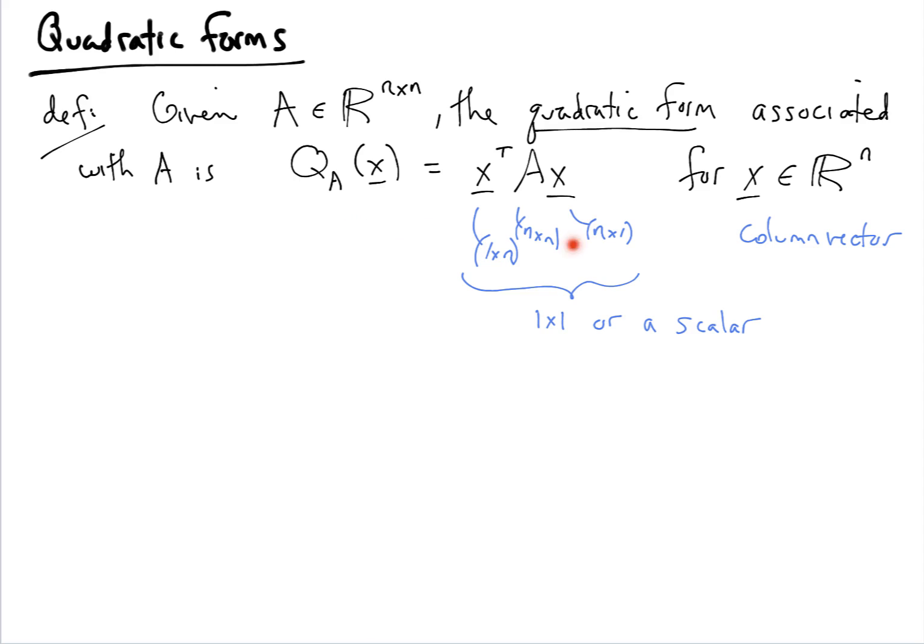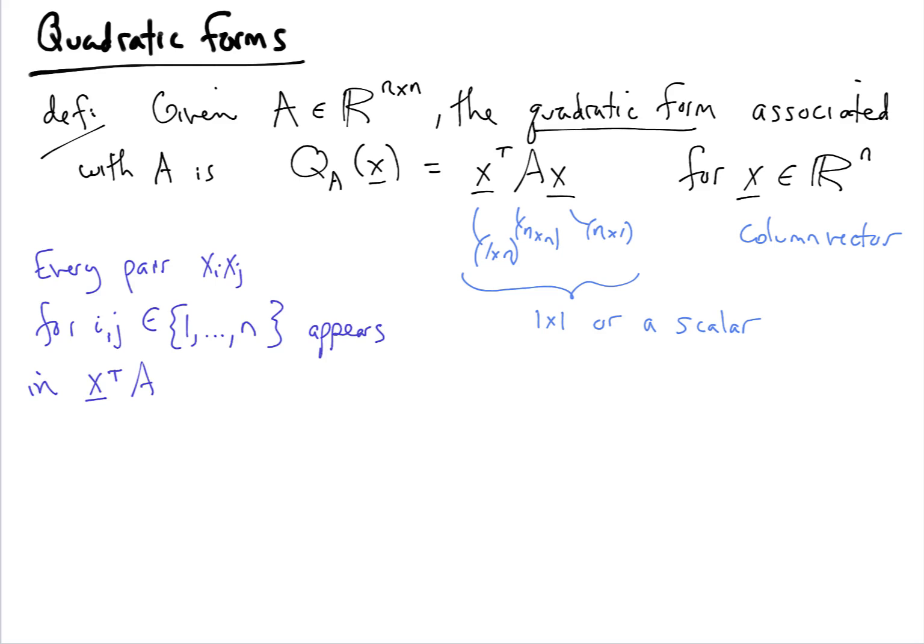And really, this is a general quadratic expression in the entries of x, where the matrix A gives you the coefficients. The way you can think of this is every pair xi times xj, for i and j in the set 1 to n, appears in that quadratic form x transpose Ax.